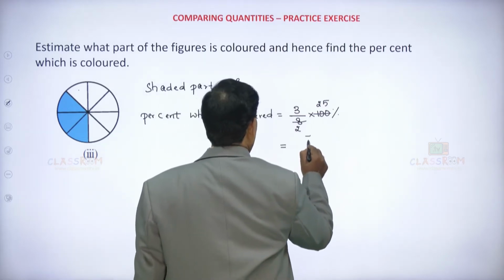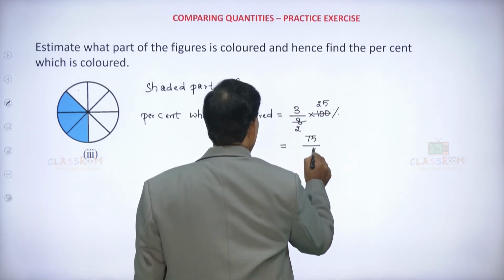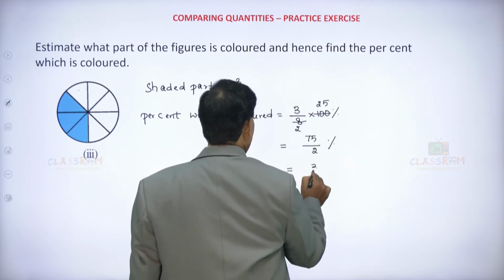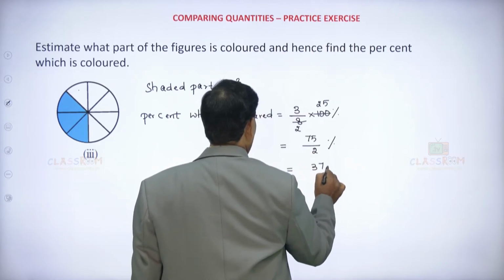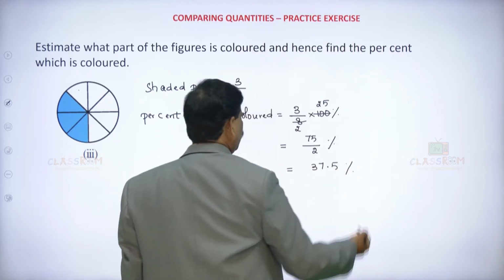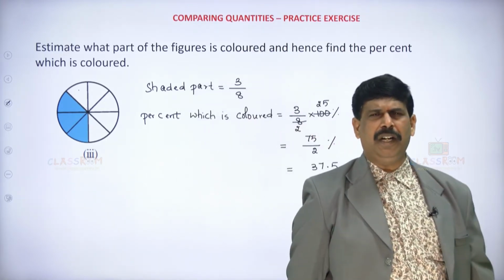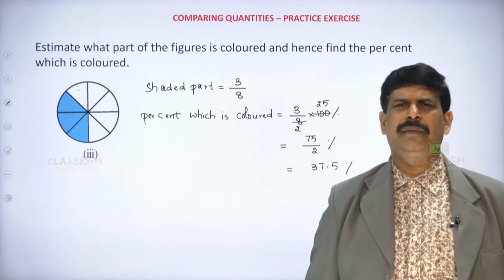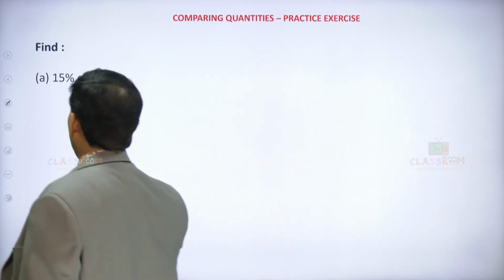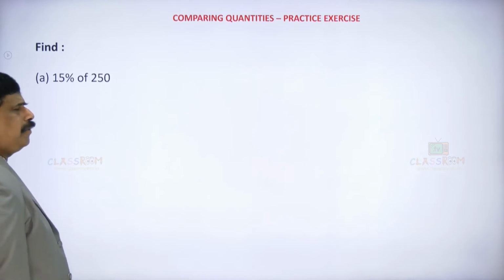So 25 3s are 75 upon 2. 2 3s are 6, 15. 2 7s are 14. There is a point. So this is 37.5% colored. Clear? Now, find what is 15% of 250.